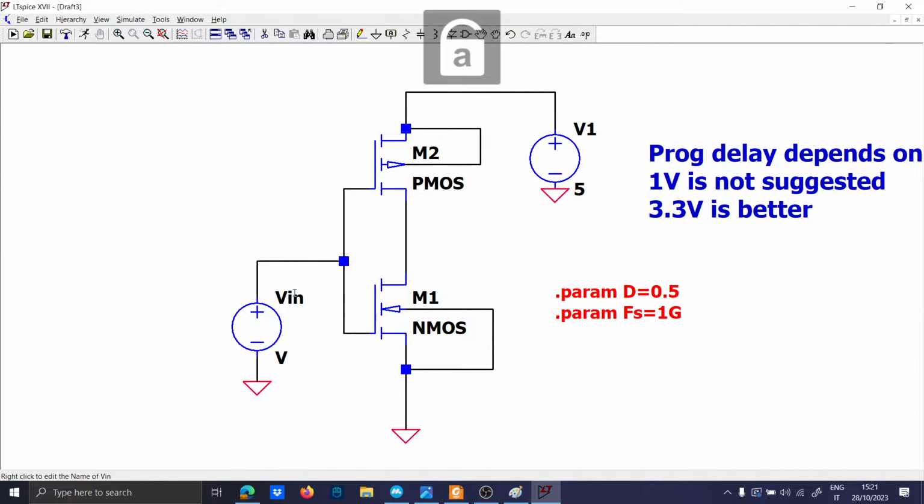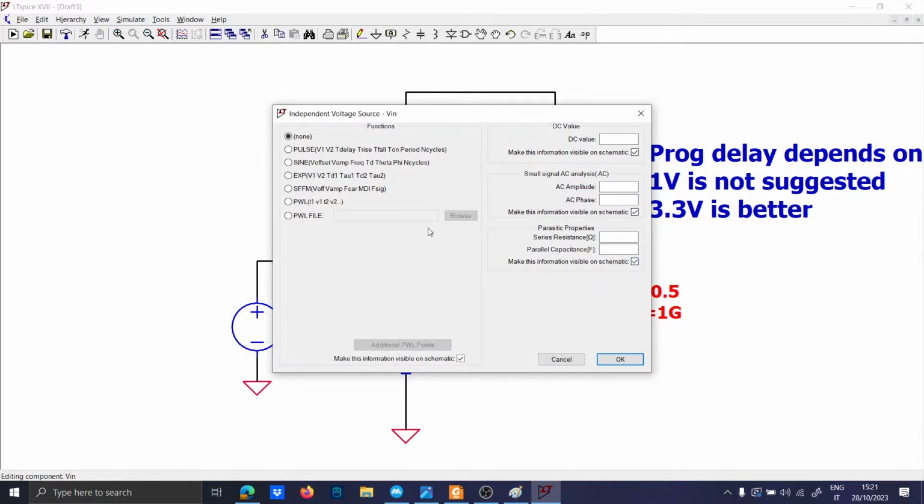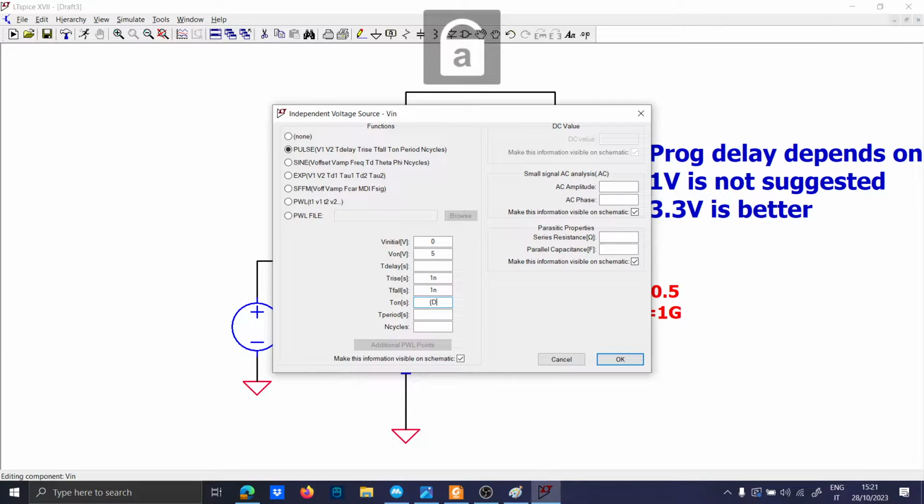This is Vin, and this is our pulse between 0 and 5 volts. The delay, nothing. Rise time 1 nano. We will make it fast, and Ton is D over Fs, like we do in power electronics. 1 over Fs.